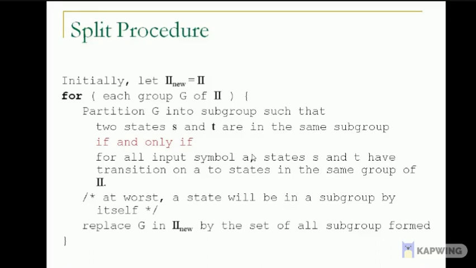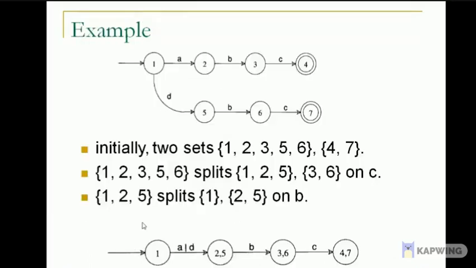Likewise, you have to find out which are all the states that can be grouped, and then replace that group with some new groups. So this is what we are going to see here. Let us see the first one.